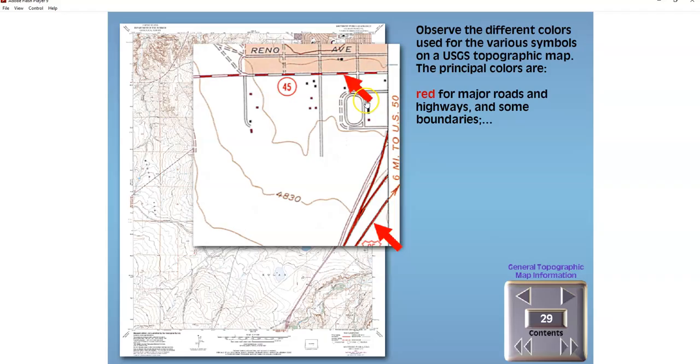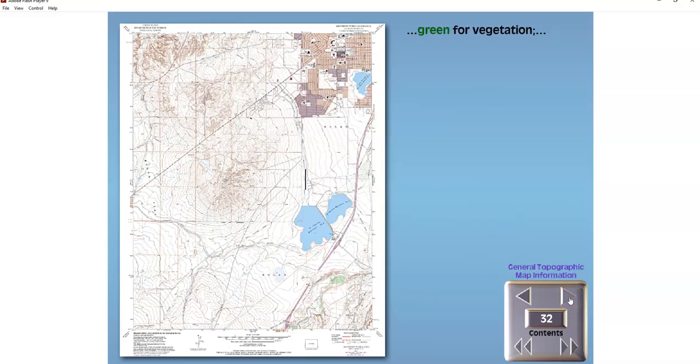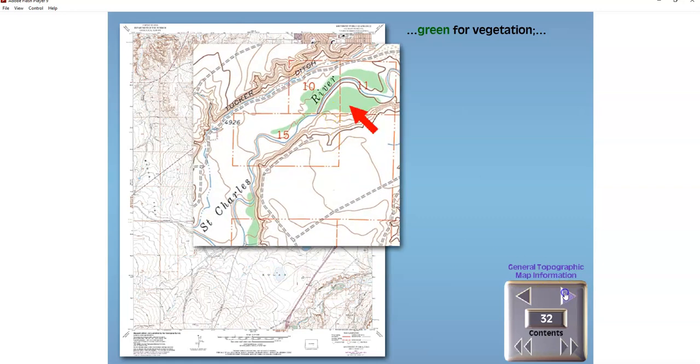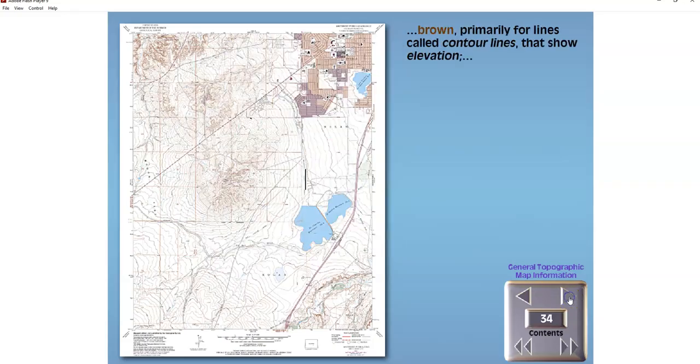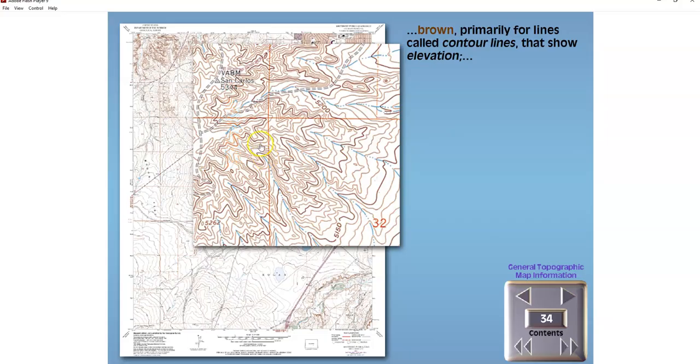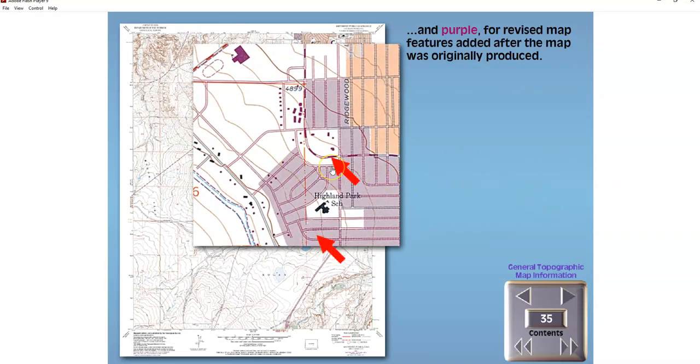The principal colors are red for major roads and highways and some boundaries, black for buildings, secondary roads, some boundaries, and other artificial features, salmon for urban areas, green for vegetation, blue for rivers, streams, or other water features, brown, primarily for lines called contour lines that show elevation, and purple, for revised map features added after the map was originally produced.